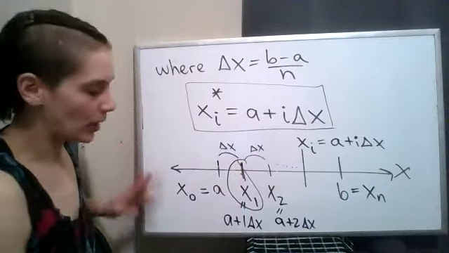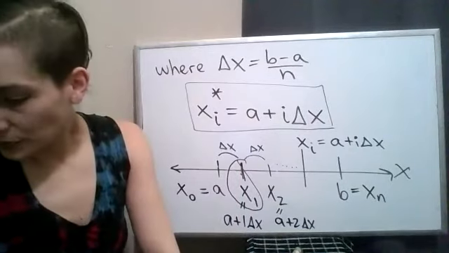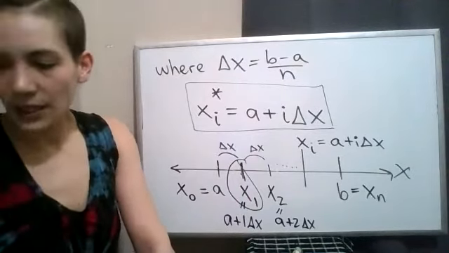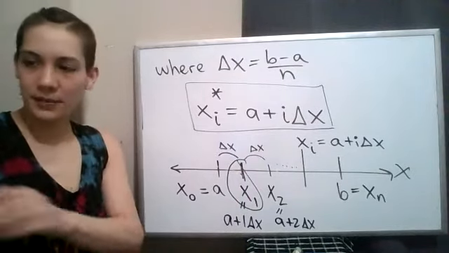Okay, so we're doing an actual problem. We have the integral from 0 to 3 of 25 minus x squared.